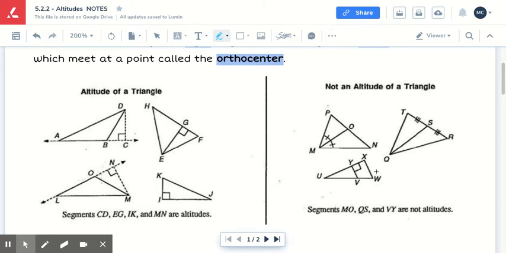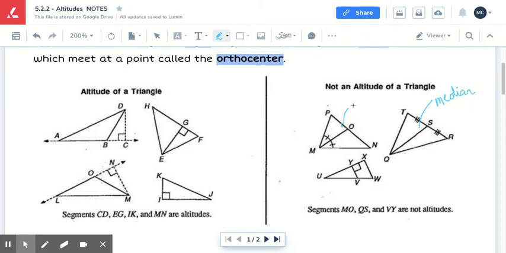Things that are not altitudes of triangles are this one here. This one displays an angle bisector. You can tell because they show you that each of the small pieces of the angle here are congruent. This one over here, it's going from the vertex to the midpoint of the other side, so this one is a median. I should have put that on here.